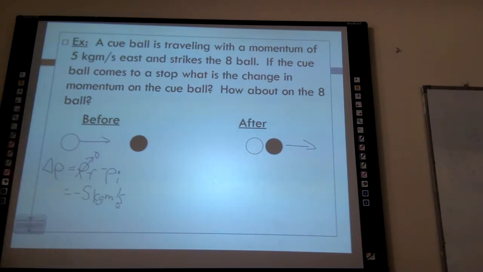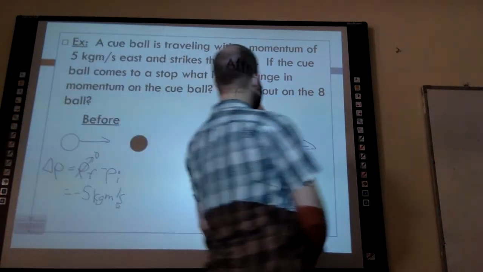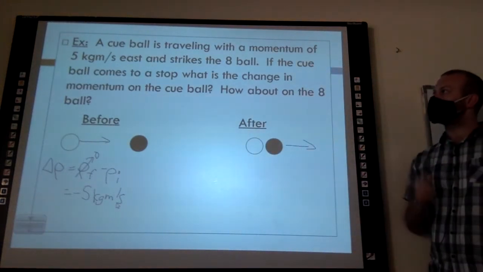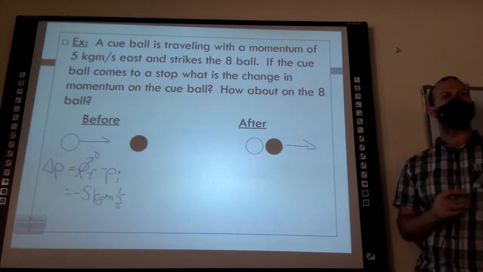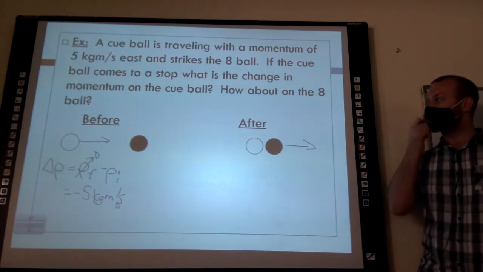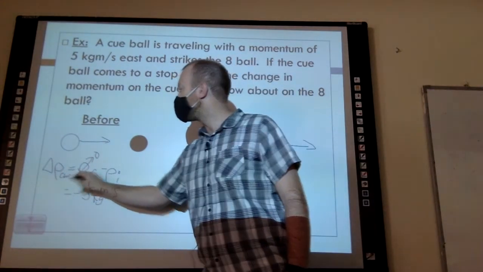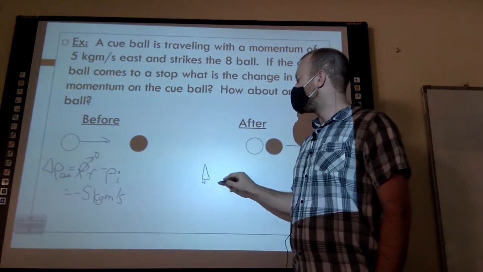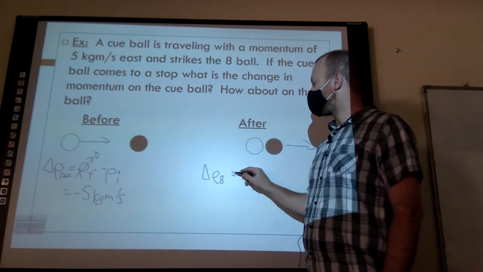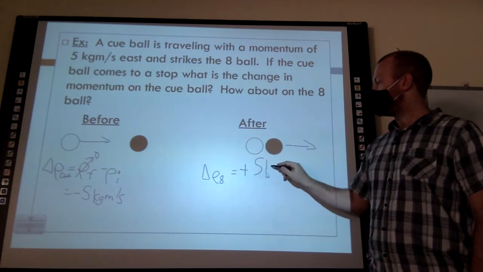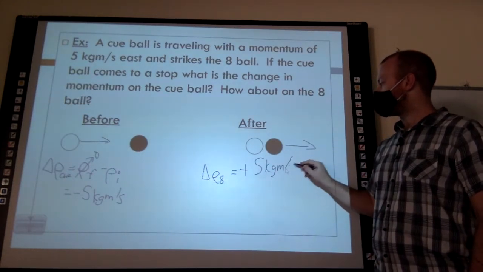We can do the same thing for the 8 ball. Now the thing is, we're not told anything about its momentum, but what do we know about these two objects' change in momentum? They must be equal and opposite. So if this is the change in momentum of the cue ball, what's going to be the change in momentum of the 8 ball? Positive 5 kilogram meters per second.